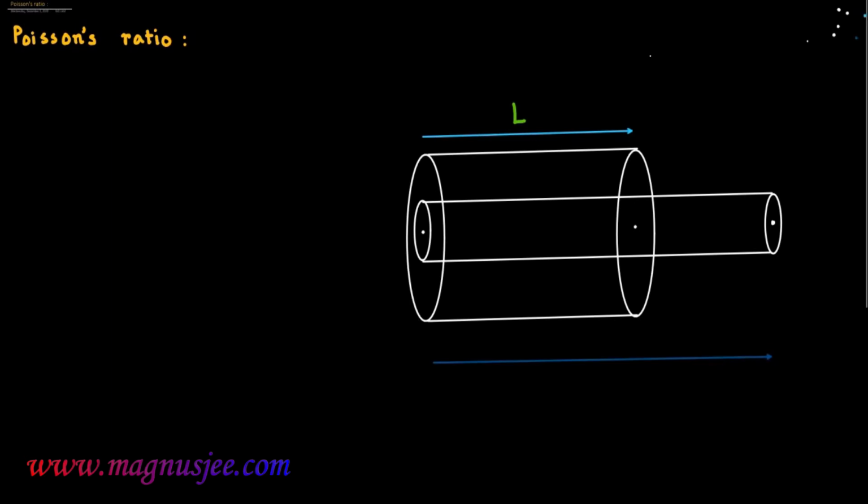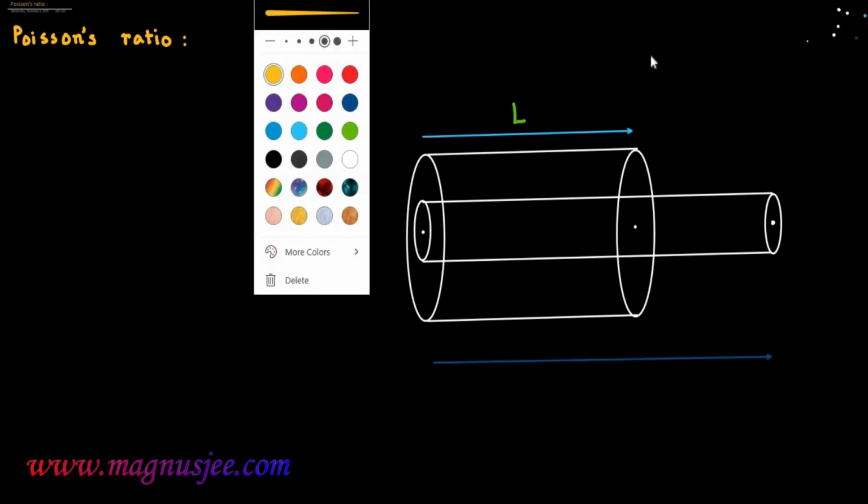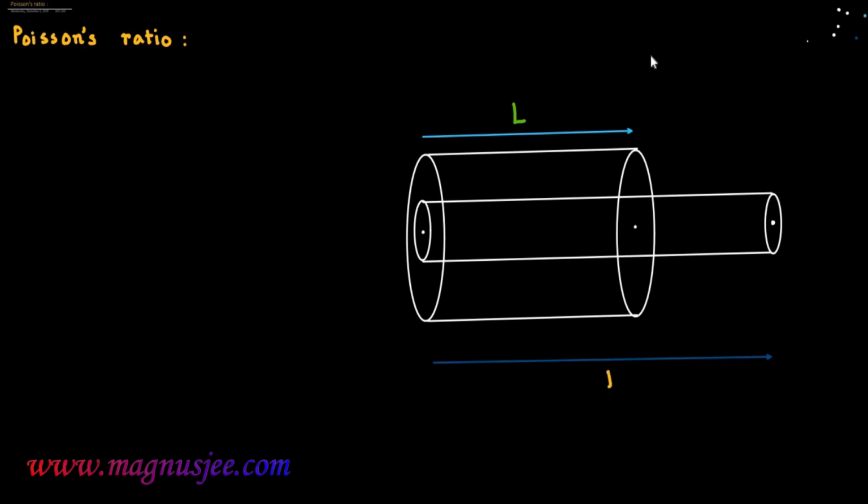Its length increases to L prime. L prime is the final length of the elongated wire, and this is the cylindrical wire to which a deforming force is applied and its length increases from L to L prime.